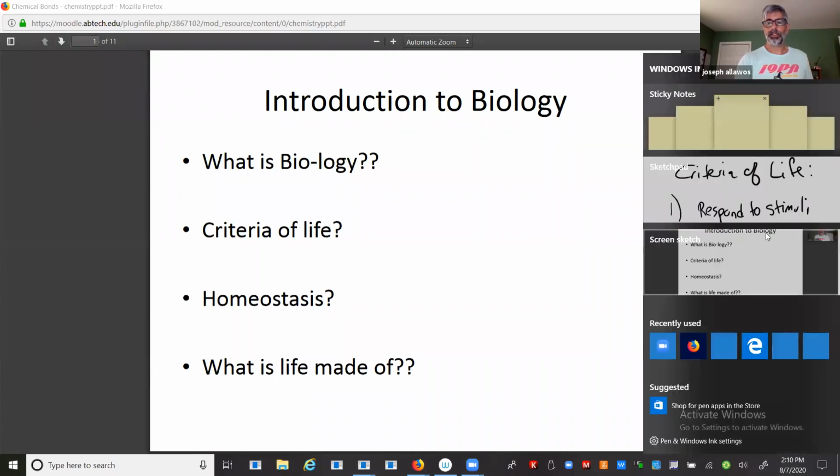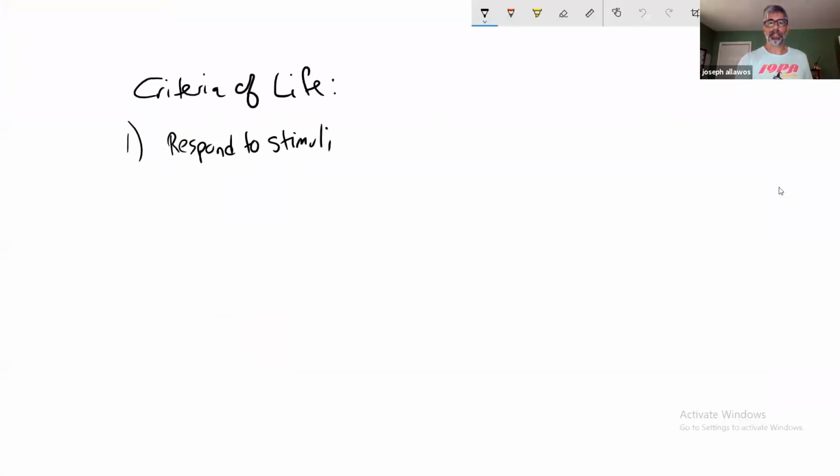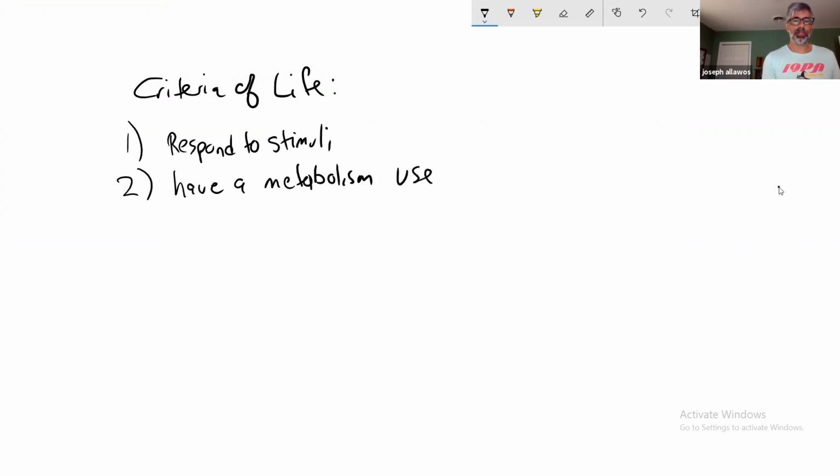Let's think of some other criteria of life, because that's really just one. All living things have a metabolism. What does that mean? They use energy, right? And so let's think about this. We can think about the different kingdoms of living things like plants and animals and fungi and bacteria and all that.